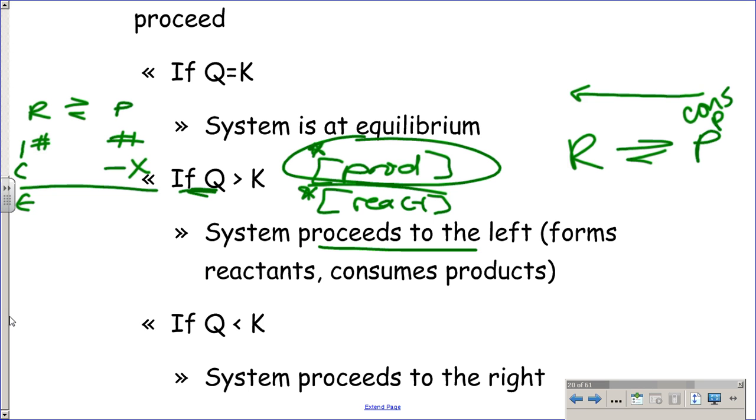Does that make sense? So then you'll have some number minus x because you consumed products and then some number plus x because you added reactants. And you do not have to memorize this. If you mathematically make that logic sense, that too big of Q means too many numerators. Numerators represent products. It means you need to get rid of products. It means you need to go the other direction.